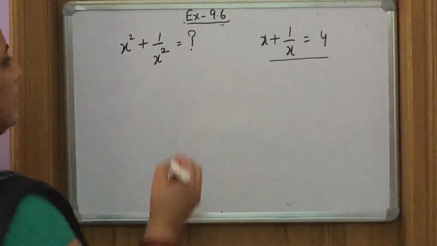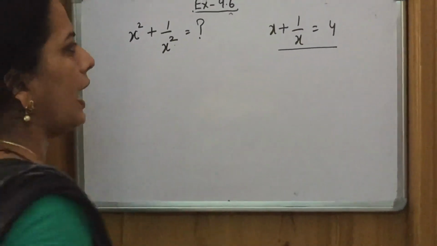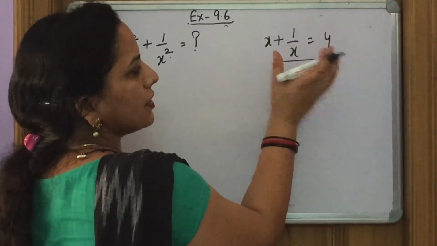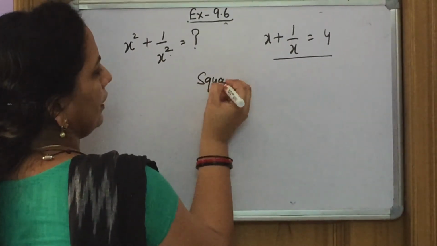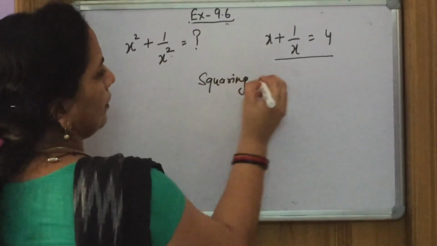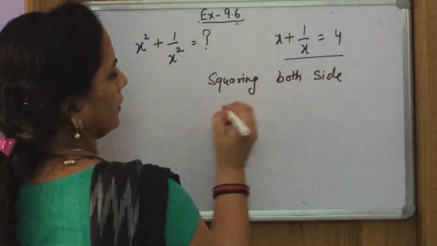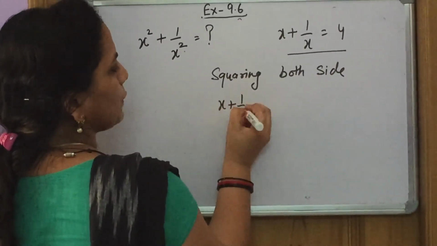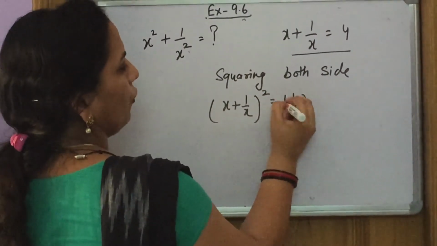As you can see that there is a square in the term, that's why we have to square this term on both sides. That means squaring both sides. Then (x plus 1 by x) whole square and 4 square.